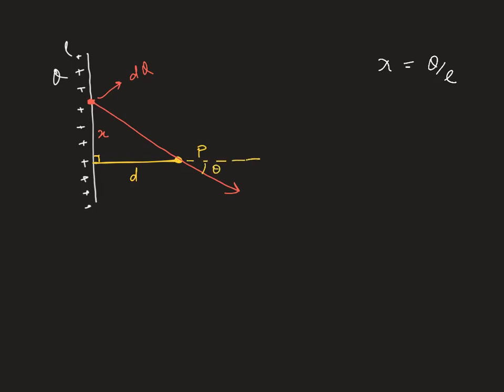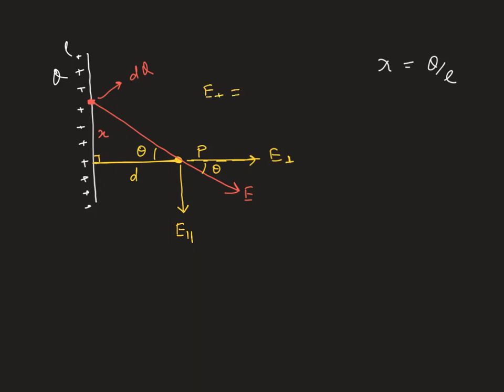So if this angle is theta and theta here, and this is your field, the field will have two components. The first component, as you can see, is perpendicular to this charged wire, so we are going to call it E perpendicular. The second component is parallel to this charged wire, so we are going to call it E parallel.